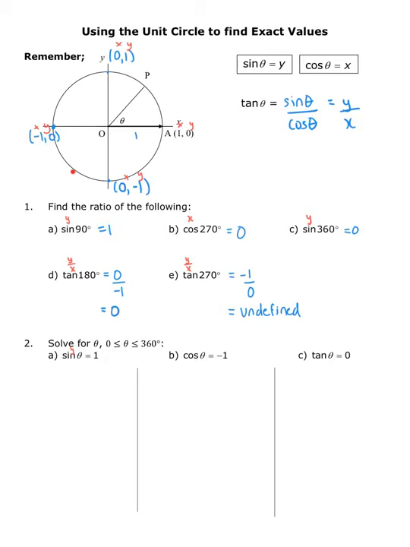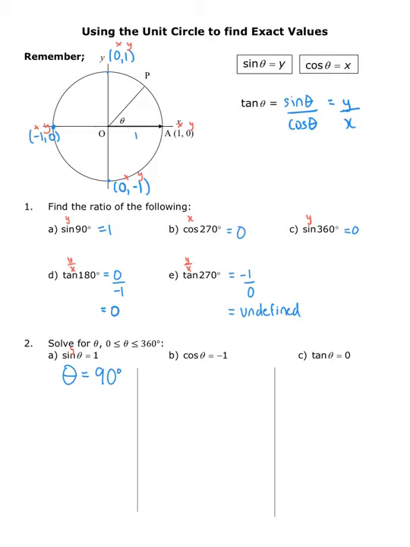So going around that circle, back up to the x-axis at 360 degrees, because my interval includes 360 degrees, I only have a y value that is equal to 1 once, and that is at 90 degrees. So we simply say theta equals 90 degrees.